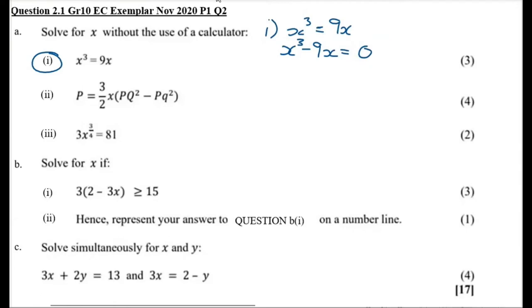So the last thing I've got is making one side 0. Once I've made one side 0, this is almost like when I said we got quadratic trinomials, and I suppose I was wrong. You won't only get quadratic, but most often you get quadratic, because this is cubic. It's got an x to the power of 3.